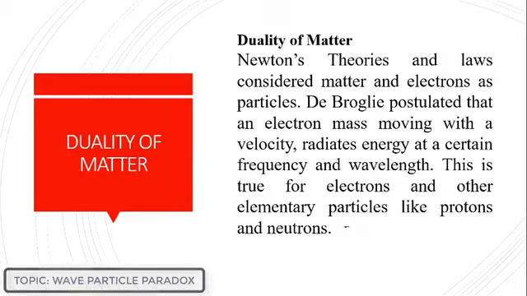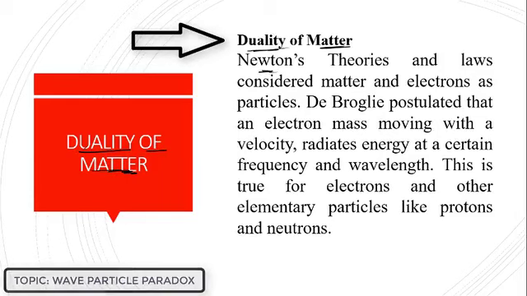Alright, at this point, let's talk about the duality of matter. According to Newton's theories and laws, matter and electrons are considered as particles. De Broglie postulated that an electron mass moving with a velocity radiates energy at a certain frequency and wavelength.